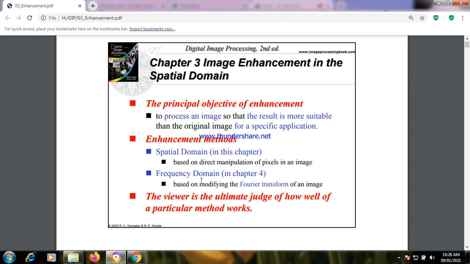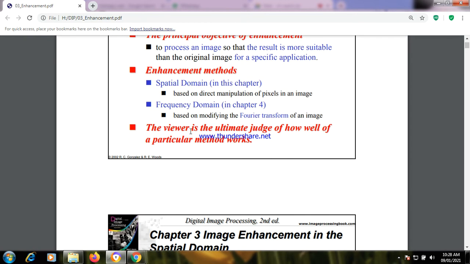Second one is the frequency domain, where it is based on modifying the Fourier transform of the image. Means we are taking the Fourier transform of the image, then you can apply different methods to enhance the image. And ultimately the viewer is the judge.